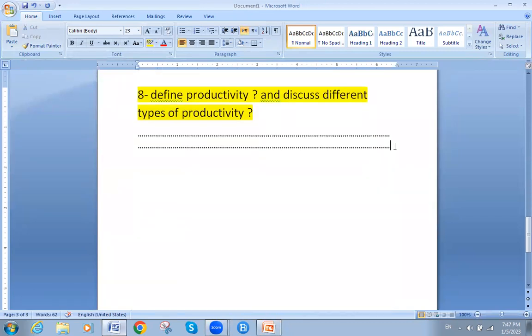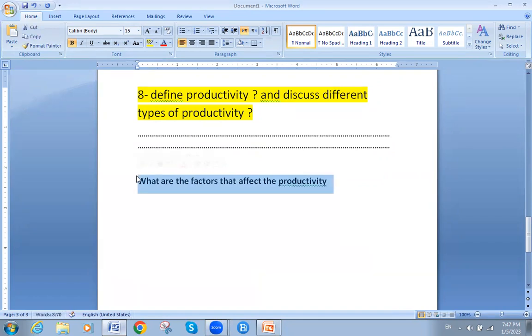The second question of today: what are the factors that affect the productivity? This is the second question for us today.